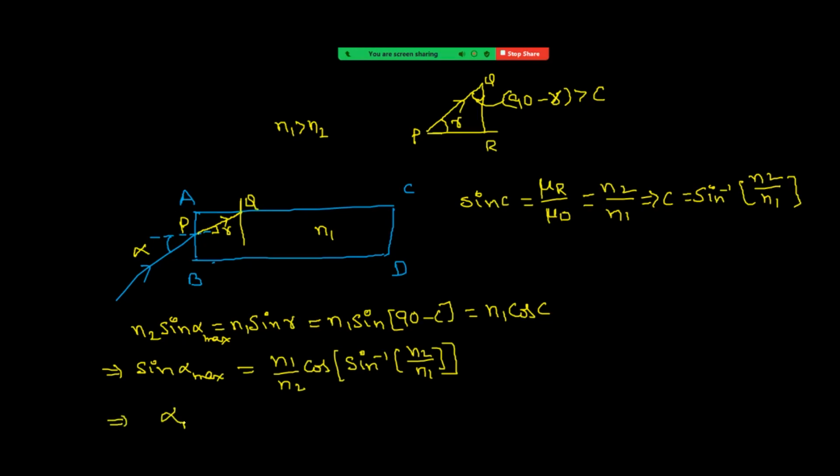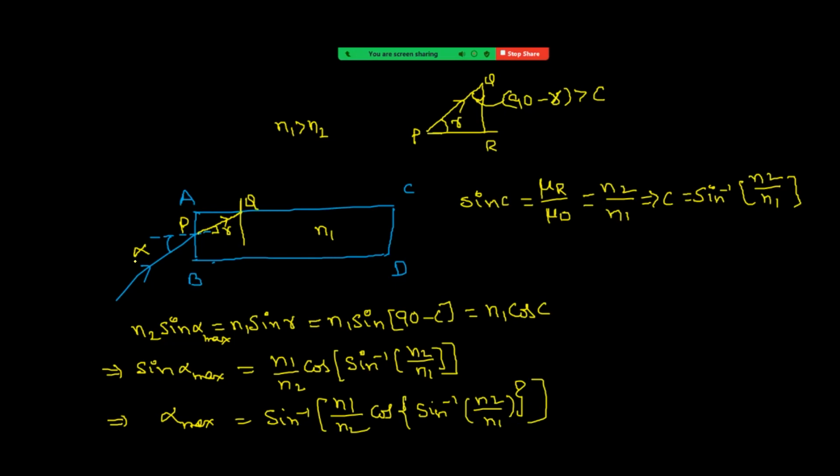From this, alpha maximum is equal to sine inverse of N1 by N2 cos of sine inverse N2 by N1. Okay. So it is just taking Snell's law at the boundary AB.